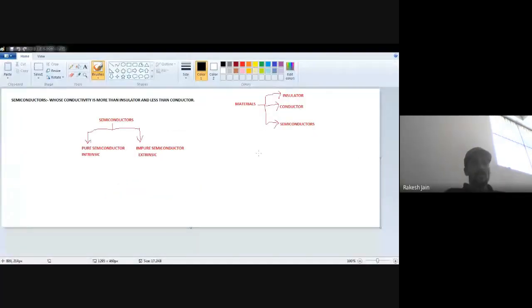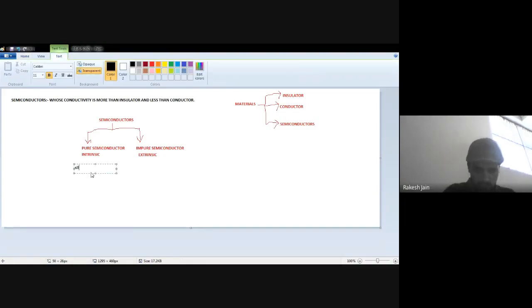So semiconductors are of two types. One is pure semiconductor, the second is impure semiconductor. The materials we generally use to build semiconductors are silicon and germanium. I will write down the names of those materials once again: silicon and germanium.